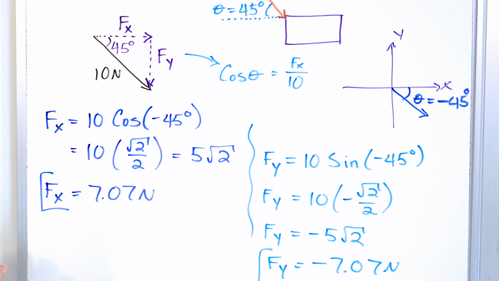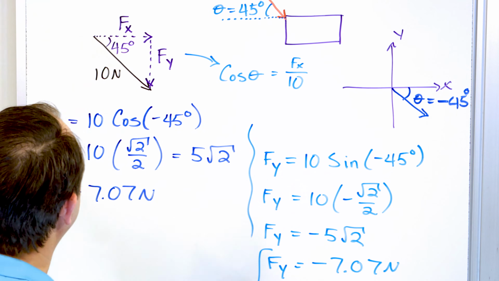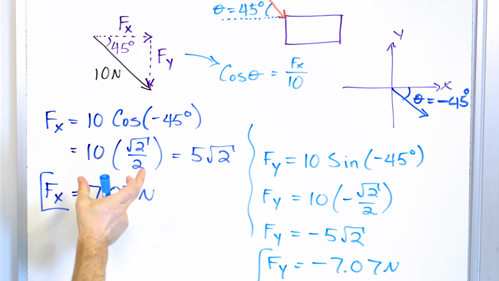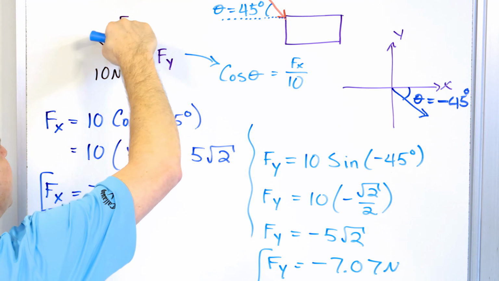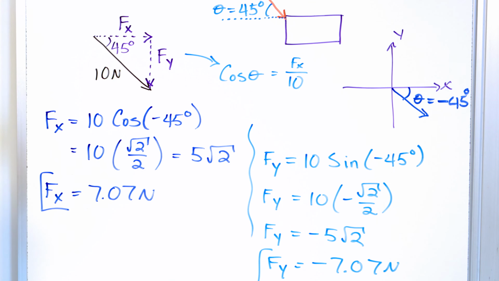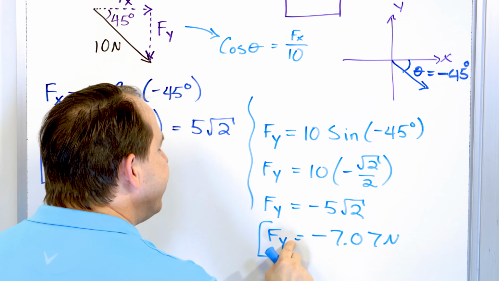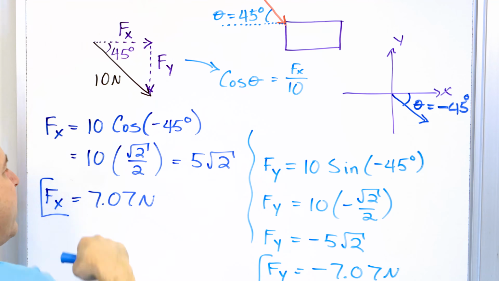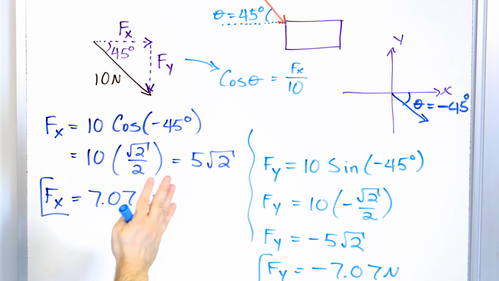What we are saying is that when you have a force of 10 newtons acting downward at a 45-degree angle, it behaves the same as 7.07 newtons to be exact, acting in the horizontal direction, this side of the triangle, acting horizontally, right? And what we say is that the vertical is also negative 7.07 acting in the vertical direction like this. The reason they come out to be the same is because the angle was exactly 45 degrees.